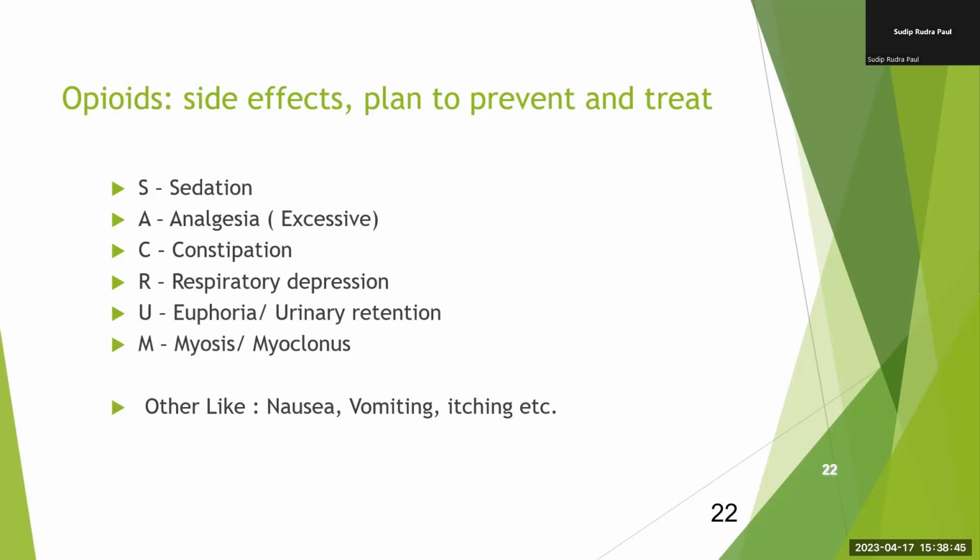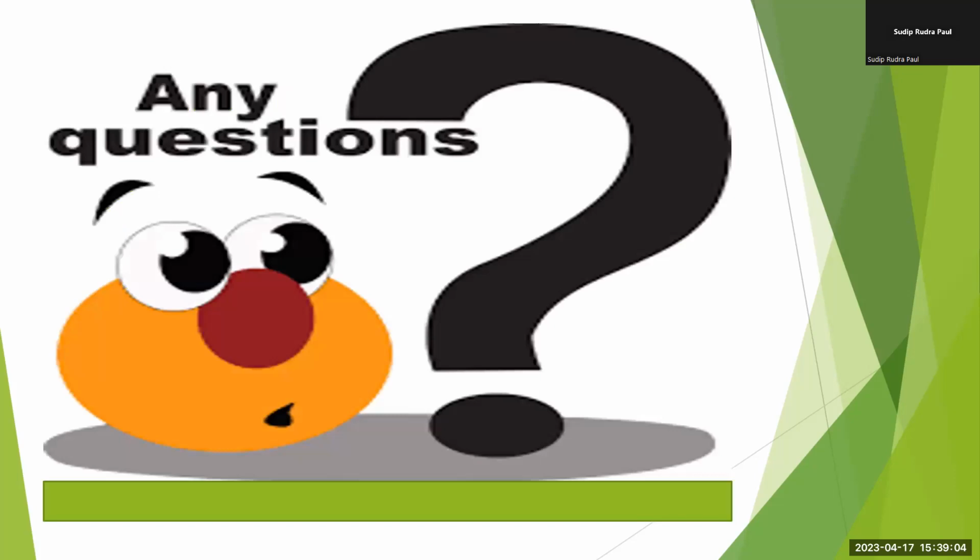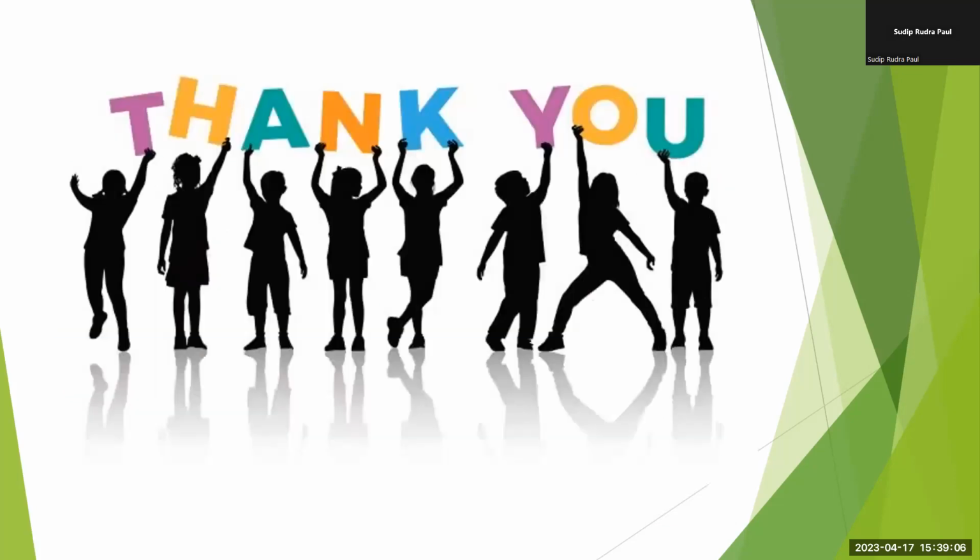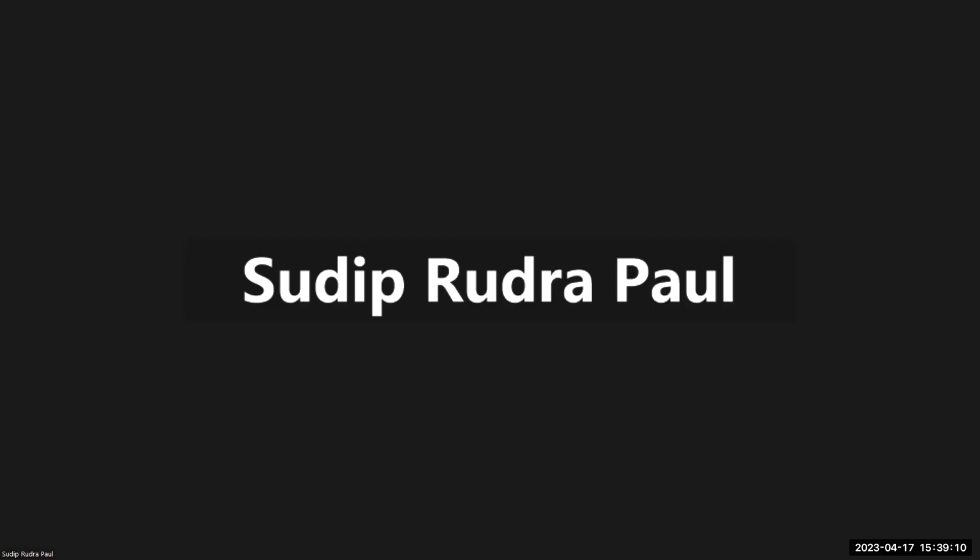Please try to see it in room light so that you can differentiate whether it is because of opioids. There are also some other common side effects like nausea, vomiting, and itching. So thank you so much, and we can have the question answer session right now.